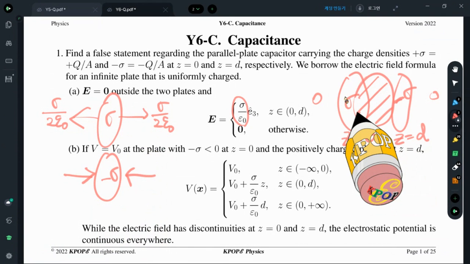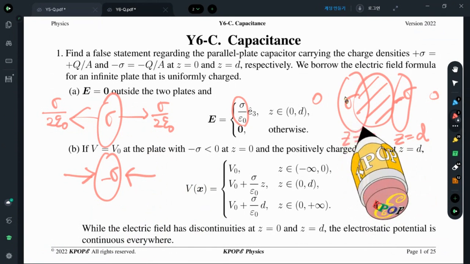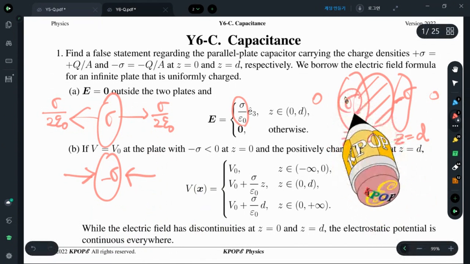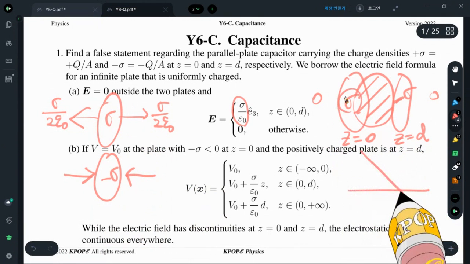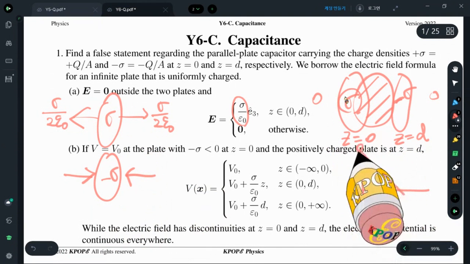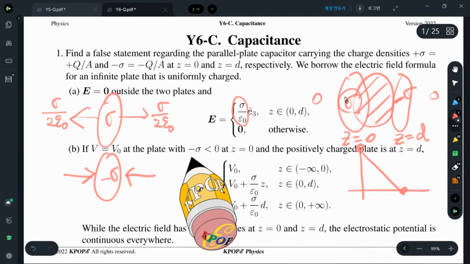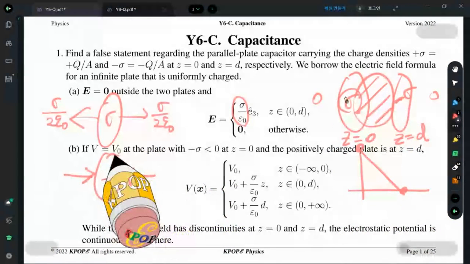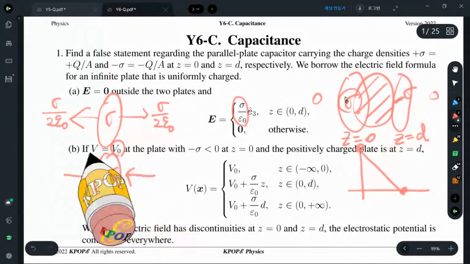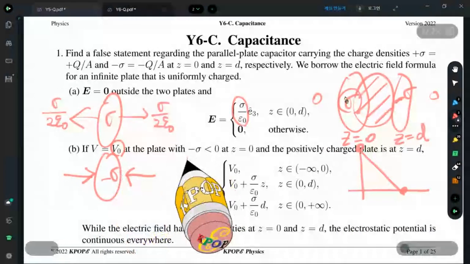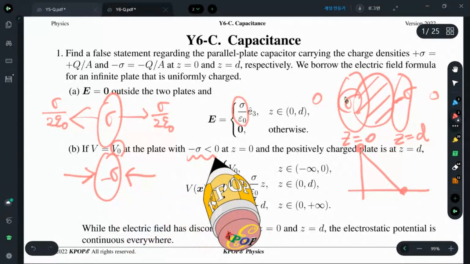Electrostatic potential. This is a positively charged plate, so potential is the largest in here, smallest in there. Here we have set V equals V0 at the negatively charged plate.